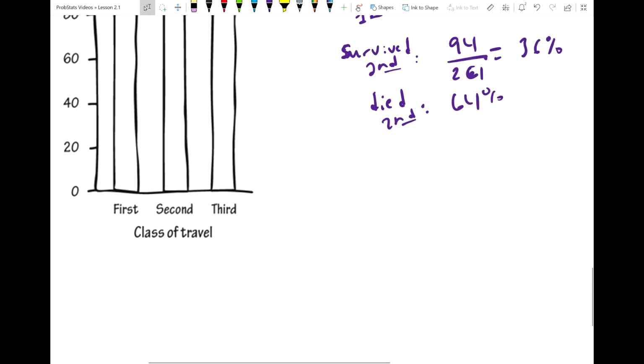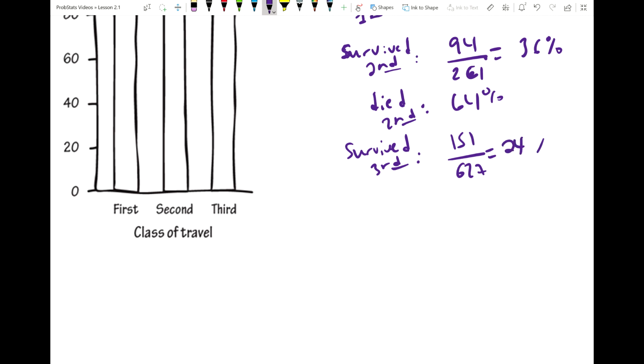And then for third class, 151 out of 627 survived, and that would be a 24% survival rate. Which means that 76% did not make it.